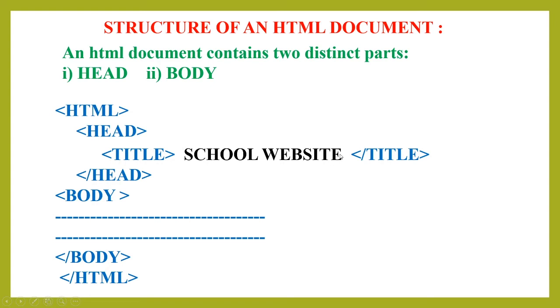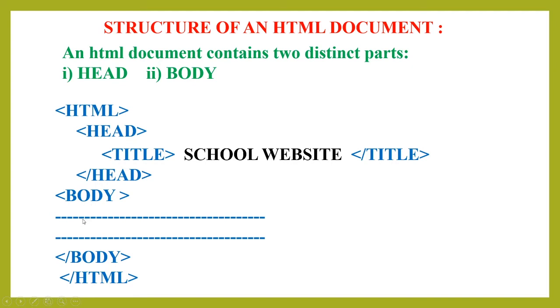It means once you create the web page and open it, you will see the school website at the title of the browser window. If you want to display anything at the title of the browser, then you have to mention that text inside the title tag. After that, I have closed the head tag, which means my head part has been completed here.